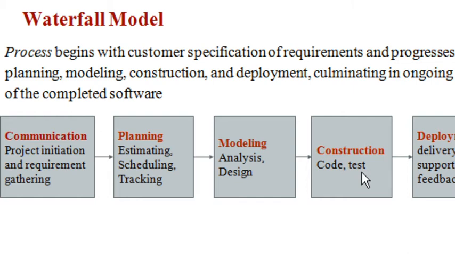The product is also tested to find out whether it is giving us the correct result or not. After testing, the last activity is deployment. That is, the product is made to be executed in the customer's environment, and the software development team provides support in executing the product in their own environment and gets feedback from the users.